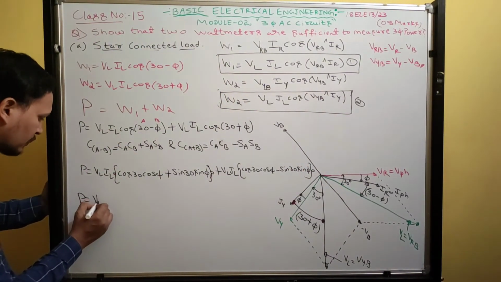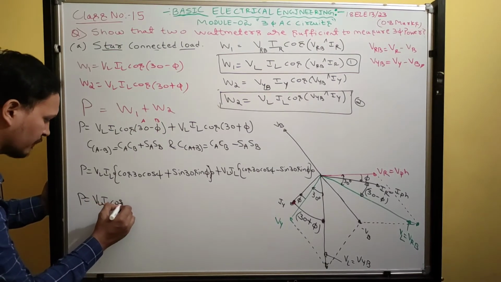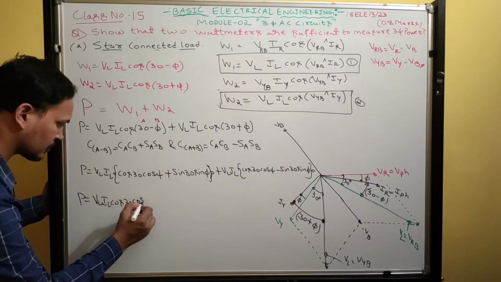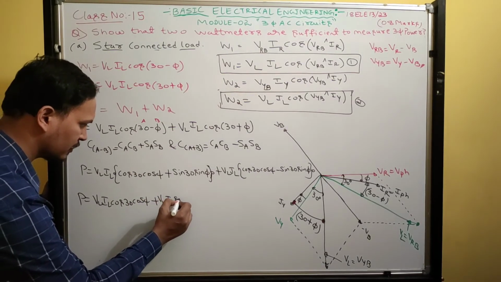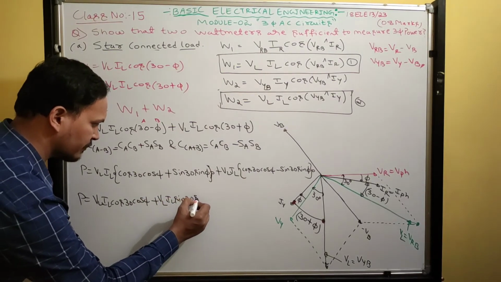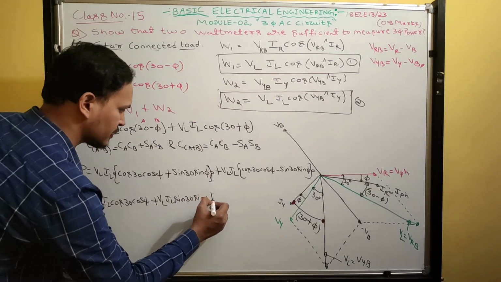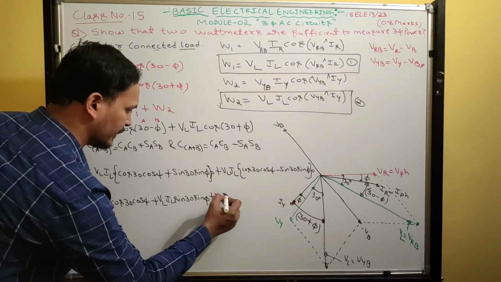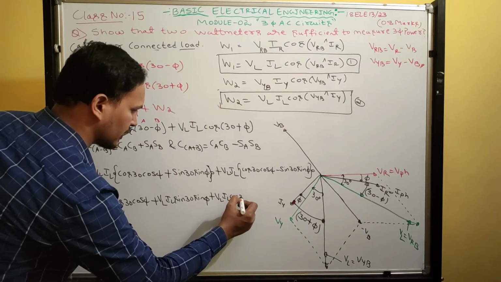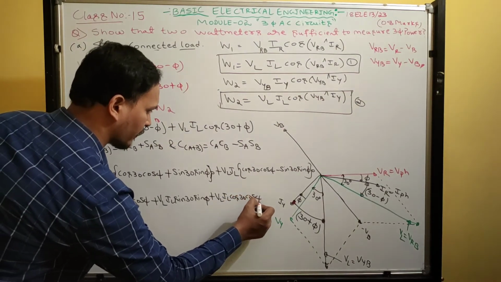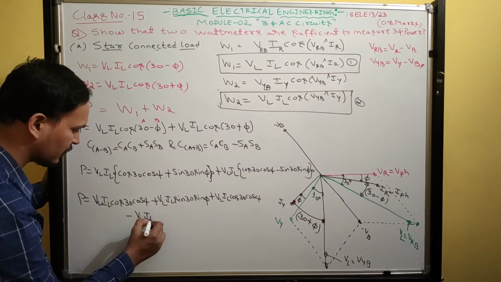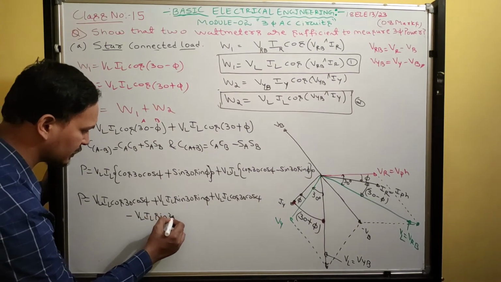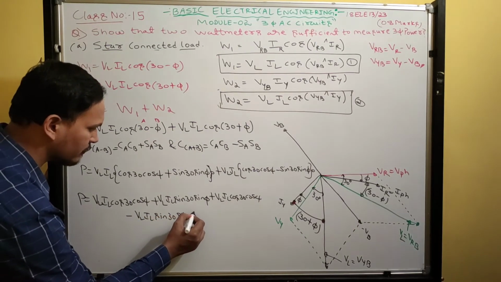Power is equal to VL IL cos 30 cos pi plus VL IL sin 30 sin pi, plus VL IL cos 30 cos pi, minus VL IL sin 30 sin pi.